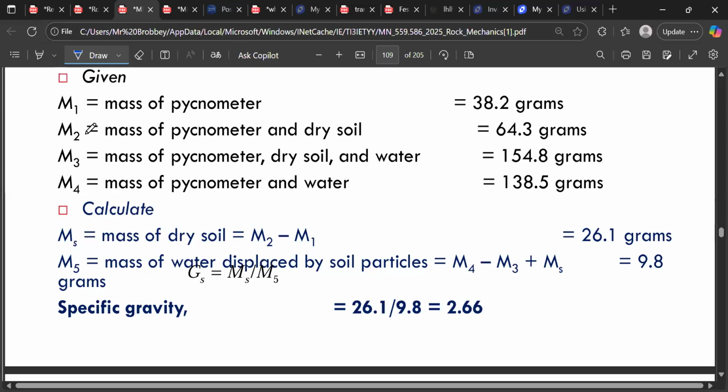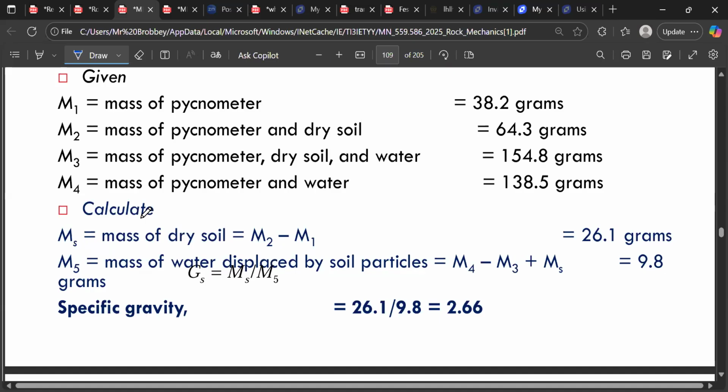Given mass one, the mass of the pycnometer; the second is the mass of the pycnometer and dry soil; the third is the mass of the pycnometer, dry soil and water; and the fourth is the mass of the pycnometer and water. Now you want to calculate. Keep in mind the formula: the mass of the substance to the mass displaced by water.